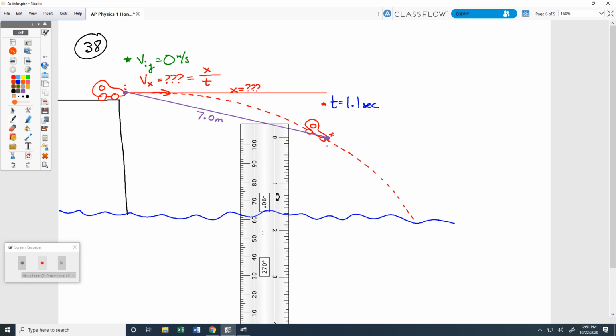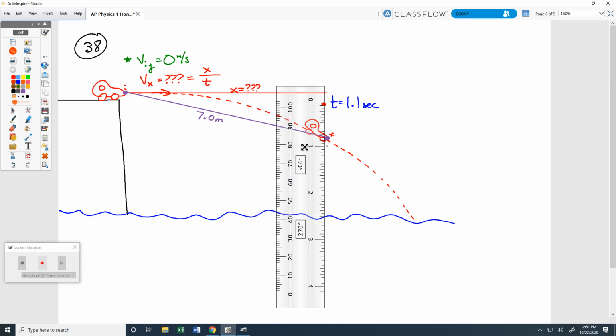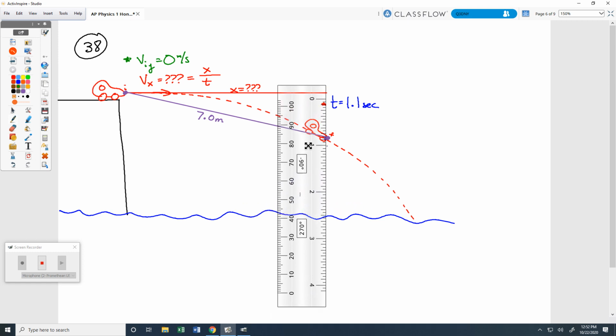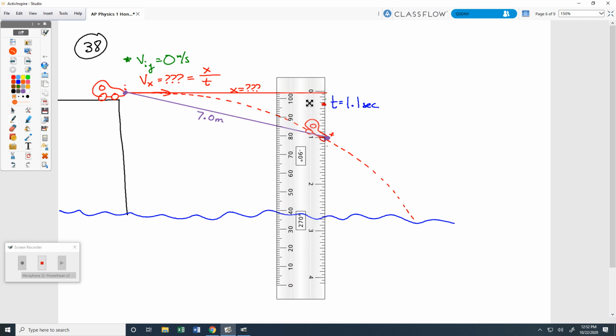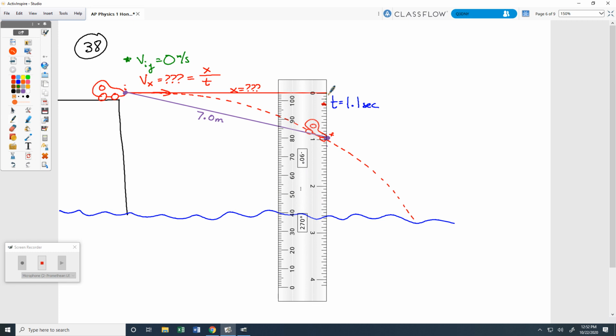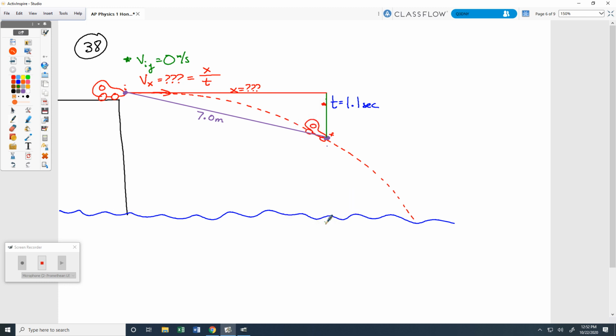Move it back up here, and so the idea is it's going to fall down some vertical displacement like that. I don't need this anymore, so let's get rid of that ruler. So it's going to have a y on here. What I really want to do is find x in terms of that. Well, I've got the hypotenuse of this triangle, the purple line. I'm trying to find the red line, and I need to find the green.